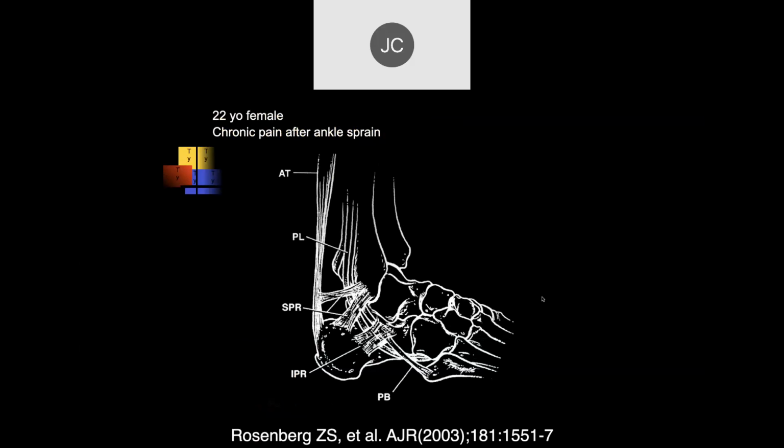So I think this is a case. We can see here that here's some of the ligaments which help hold the peroneal tendons. We can see the brevis coming down to the base of the fifth.